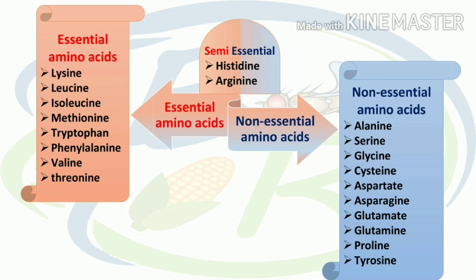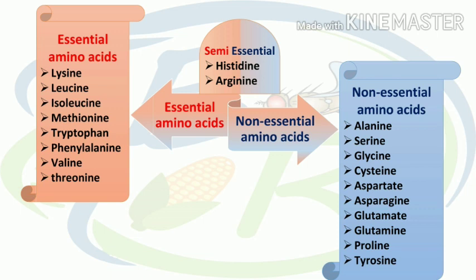Non-essential amino acids can be synthesized in the human body, which means their metabolic pathways actively exist in our body, whereas essential amino acids can't be synthesized in the human body and we are dependent on external sources, that is plants or different animals.